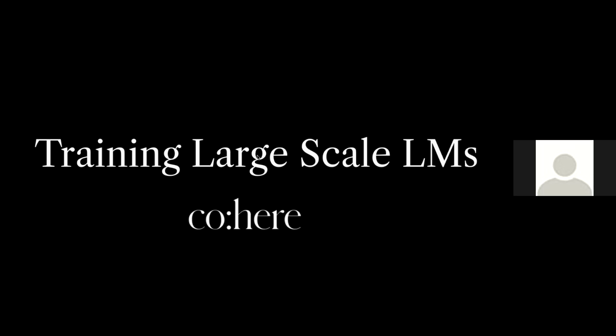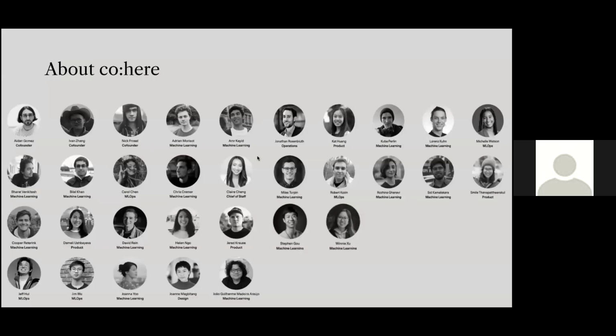Before we start, let me introduce Cohere to you. We're an early stage startup based in Toronto that builds large-scale language models. We're fairly new, just around 2 years old, but we are rapidly growing with 30 people on our team. The first three over here are our co-founders, Aiden, Nick, and Ivan.